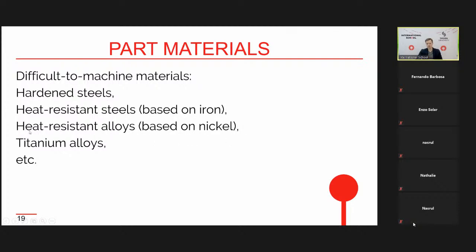For example, the next group, titanium alloys: some titanium alloys can withstand temperatures up to approximately 500 degrees Celsius and sometimes a little bit higher. Heat-resistant alloys can withstand temperatures of approximately 1000 degrees Celsius and even higher sometimes.